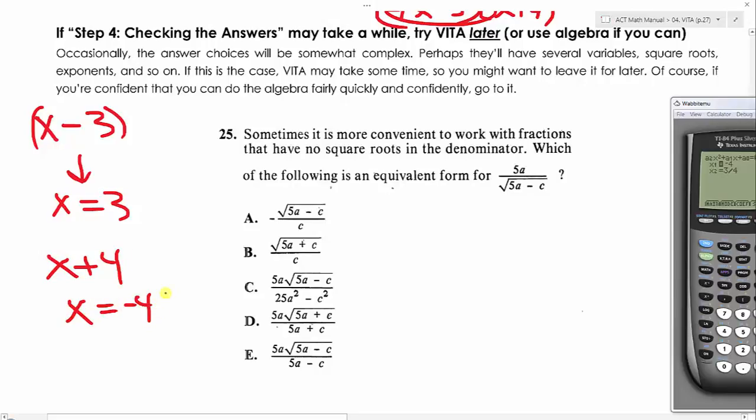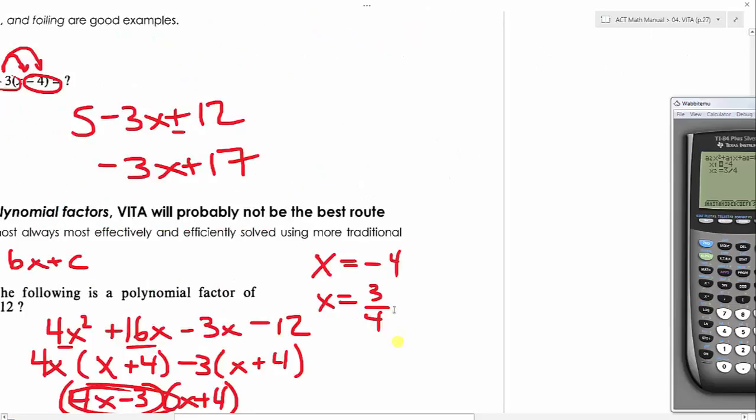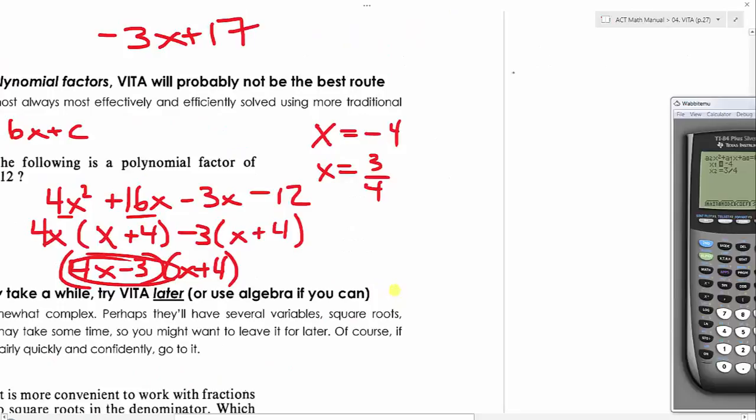Most students can go in the direction of factor to zero, but when given zeros, they sometimes have a little trouble getting to the factor. There's really no difference from what we just did; we're just going in the opposite direction. So to get from a zero of x equals negative 4, that would be the factor x plus 4.